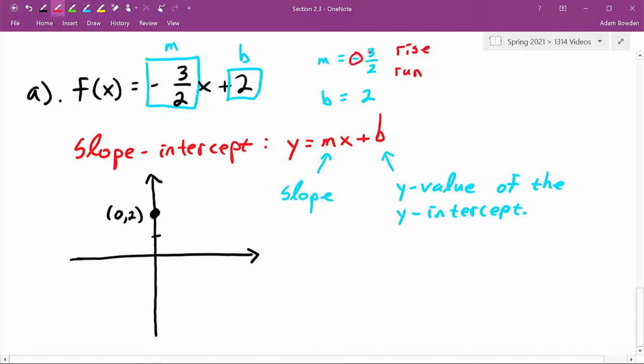In this case, it's a negative number for the slope, so it will be a falling line. So if I go forward 2, the slope tells me that I'll fall by 3. So forward 2, down 3. And that results in a second point that we can draw through to get the graph of the line.